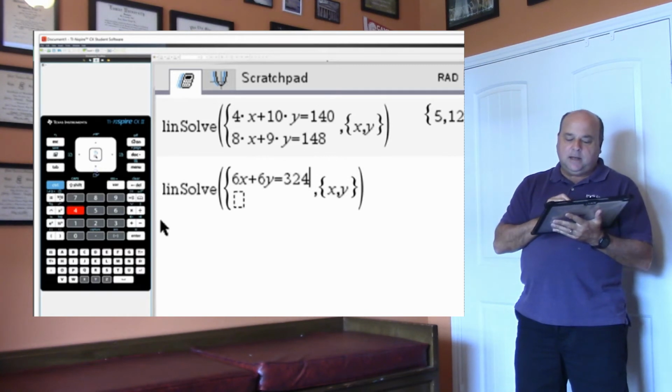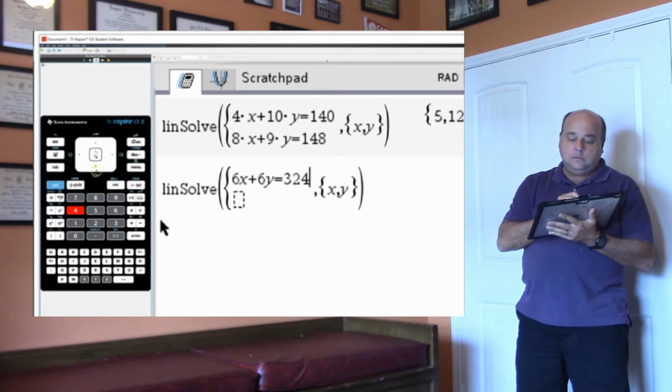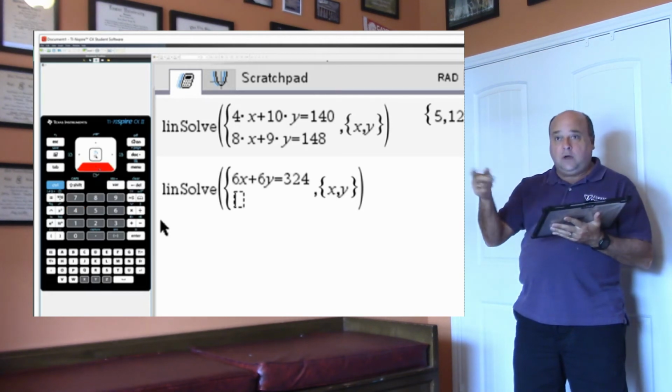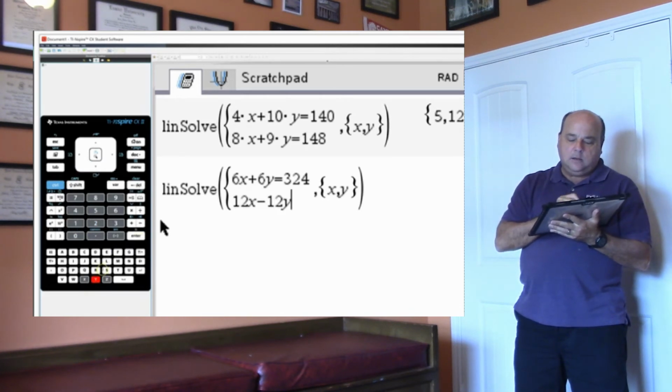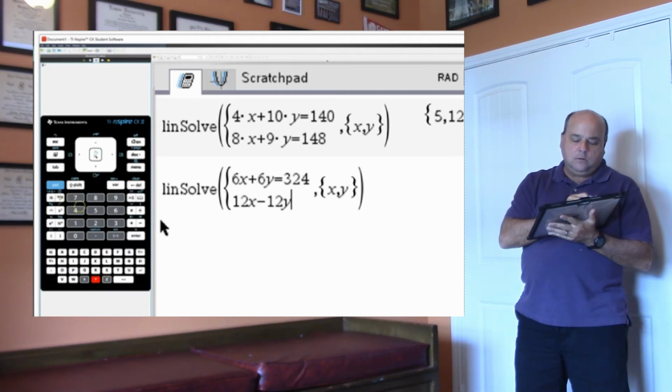Then hit the down button. Okay, then 12x minus 12y equals 324.